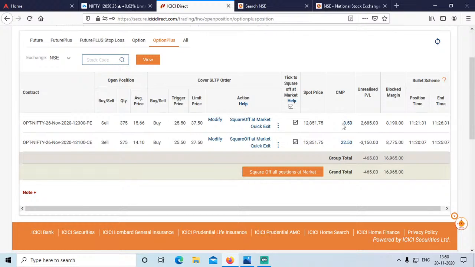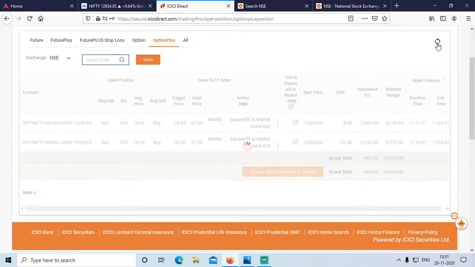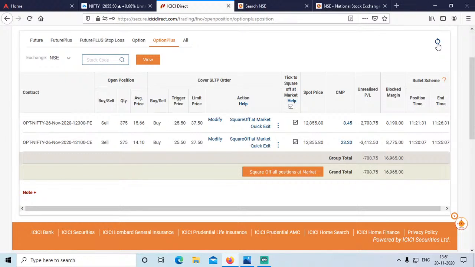This 8 rupees is not at all going down, but this 22 rupees keeps on increasing. Okay, it is very close to hitting my stop loss, 23.20 and 25.